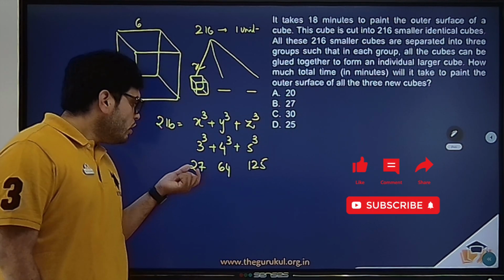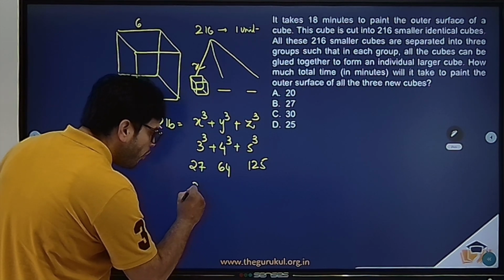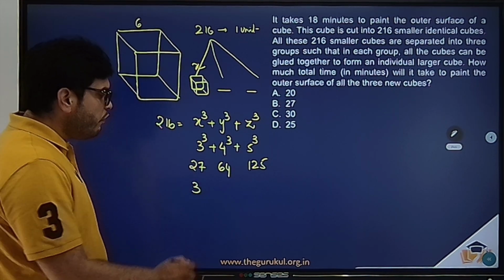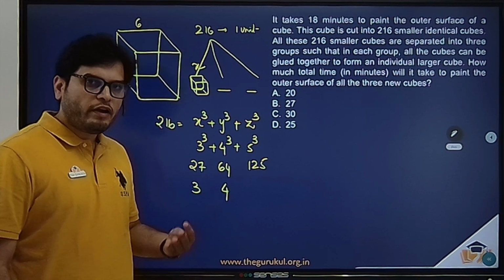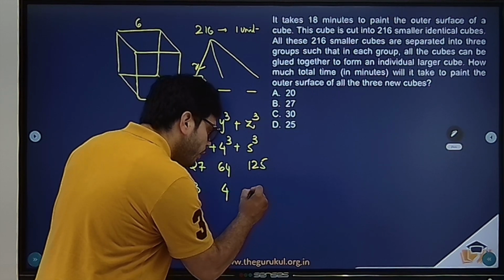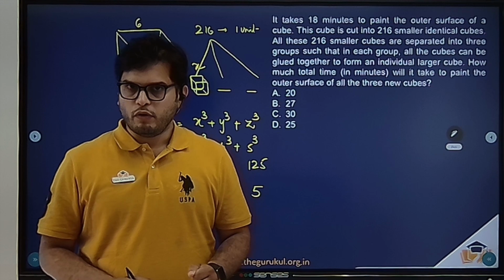So with these 27 smaller cubes, you will be able to form a cube of side 3 units. With these 64 smaller cubes, you will be able to form a cube of side 4 units. And with these 125 smaller cubes, you will be able to form a cube of side 5 units.